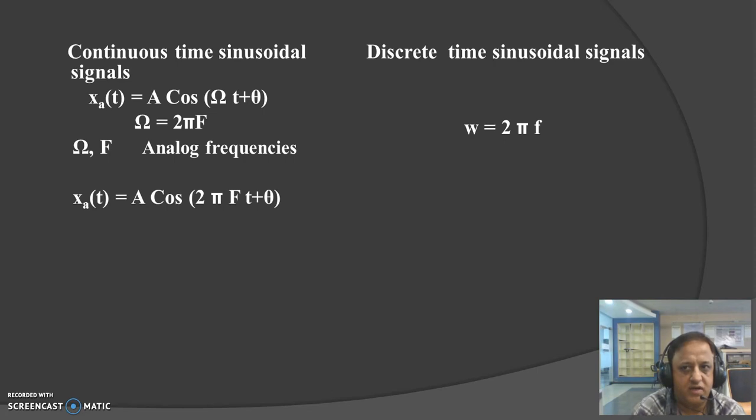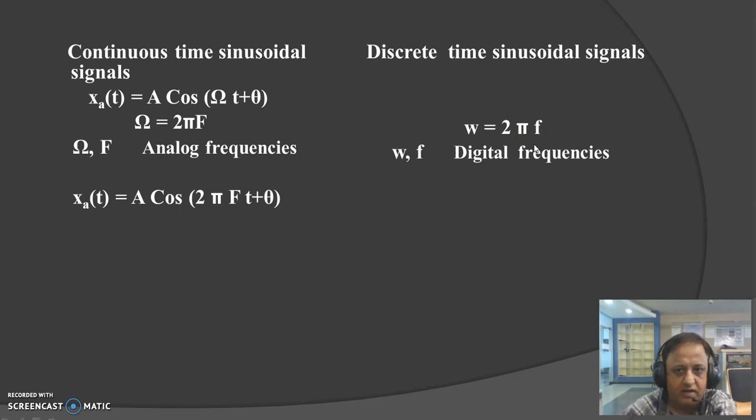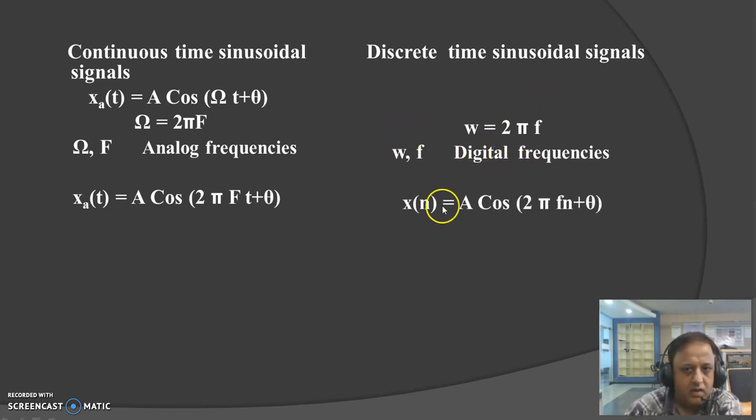Correspondingly, in the discrete time domain, we use omega as 2 pi f. Observe that we use small f here. Therefore, omega and f correspond to the digital frequencies. For a discrete time sinusoidal signal, we would get x of n as A cos of 2 pi f n plus theta. So observe, from this continuous time signal we would be getting this discrete time signal.